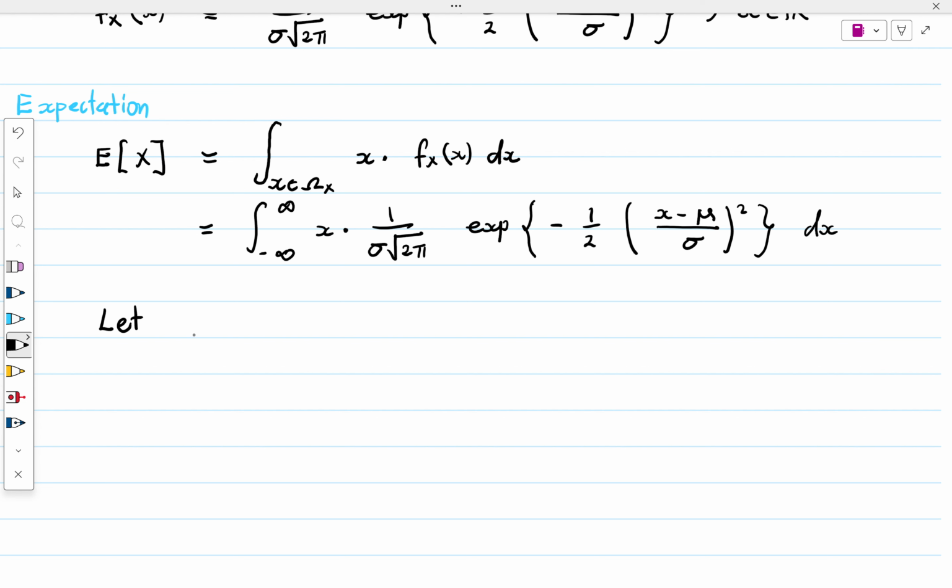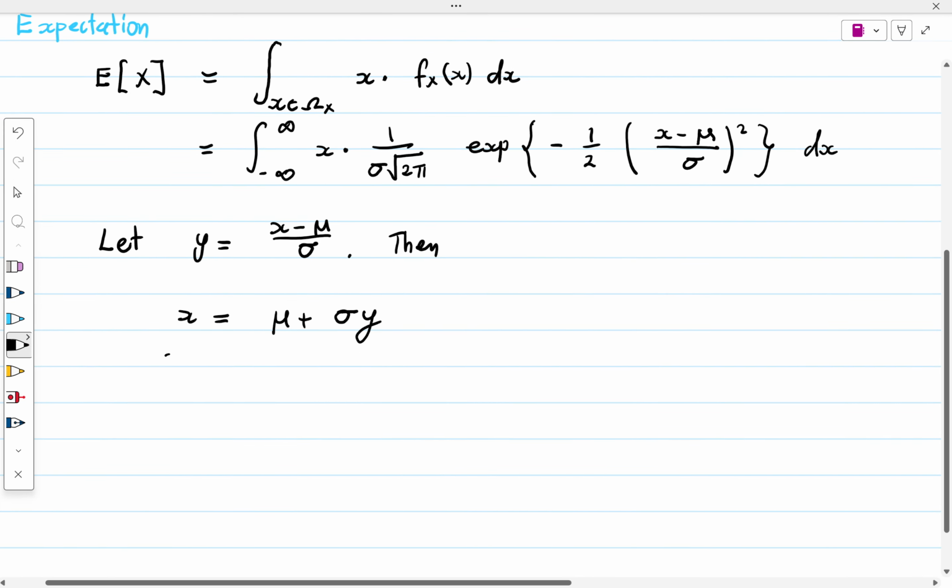So let y be equal to x minus mu on sigma. So what do we get from this? Well, the first thing we get is, rearranging for x, that x is equal to mu plus sigma y.